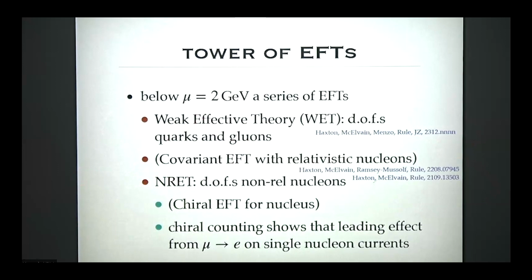So basically, you jump from weak effective theory to a non-relativistic theory. You can think of this as sitting inside the chiral EFT for the nucleus. The degrees of freedom are nucleons, and the chiral counting then guarantees that if you work to leading order, you only need to care about the single nucleon currents. So that's what's being done.